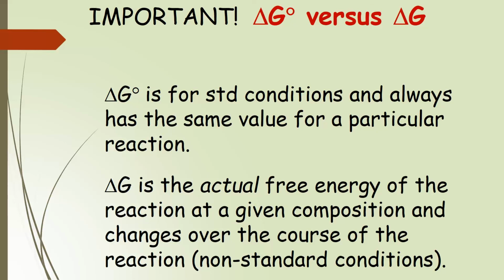In del G naught we have taken many assumptions and treated the reaction as fully in equilibrium. But del G, the actual free energy, shows the real situation of the reaction, and at the given composition the values change simultaneously over the course of the reaction.